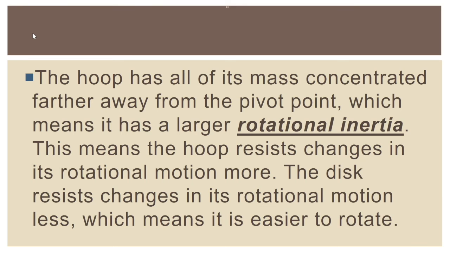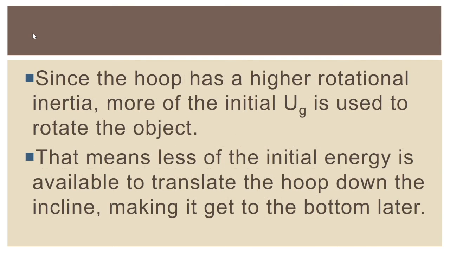But of course, the whole point of this discussion is to talk about how energy comes into play. And so what we can say here is, since the hoop has a higher rotational inertia, what that really tells us is that more of that initial gravitational potential energy is being used to rotate the object.